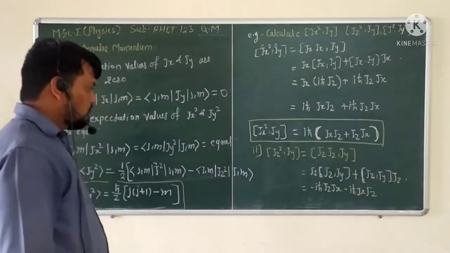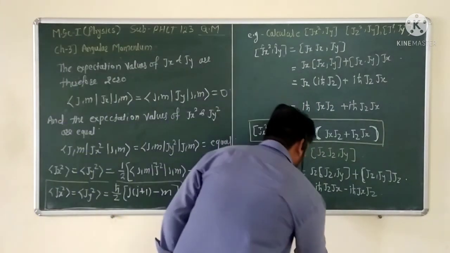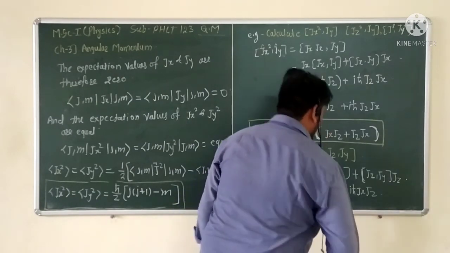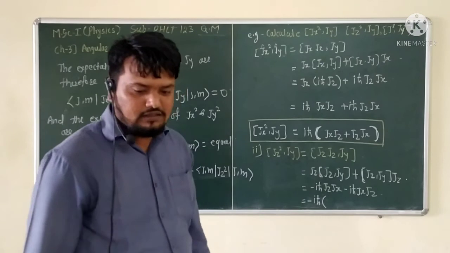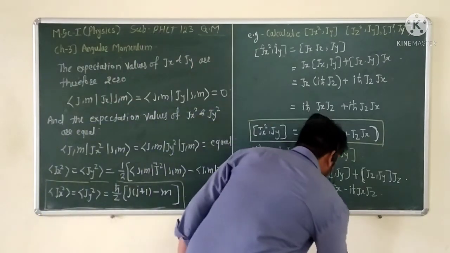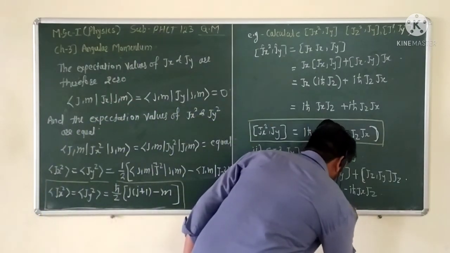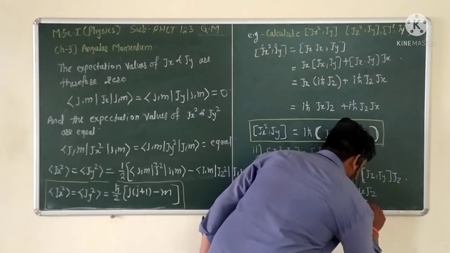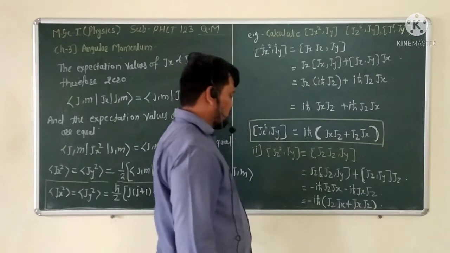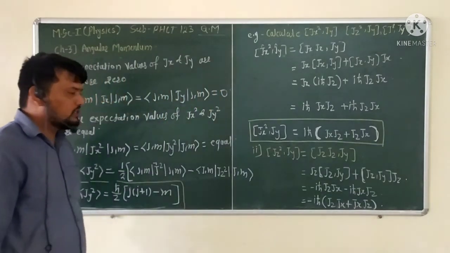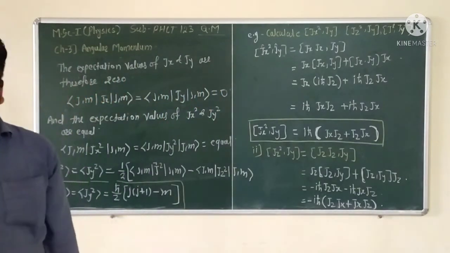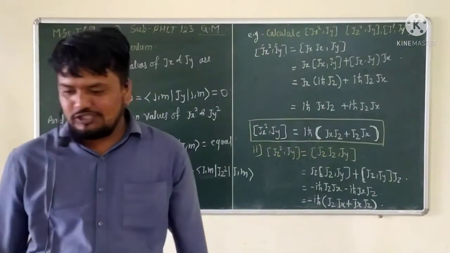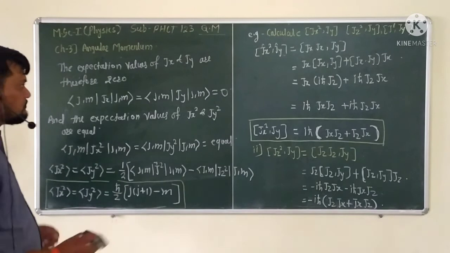So this relation is minus iħ in bracket (JzJx + JxJz). This is the result of this commutator bracket, and next we solve the commutator [J², Jy].